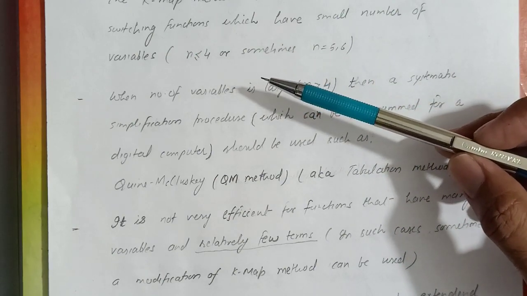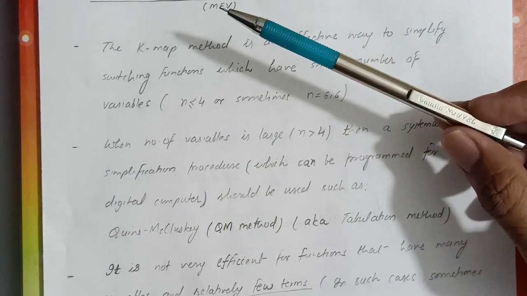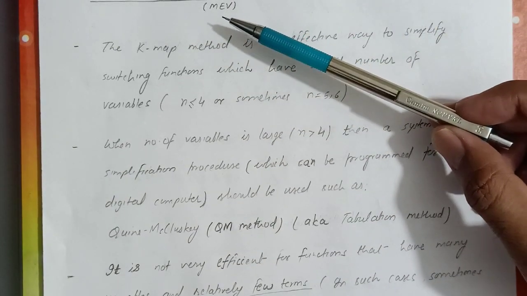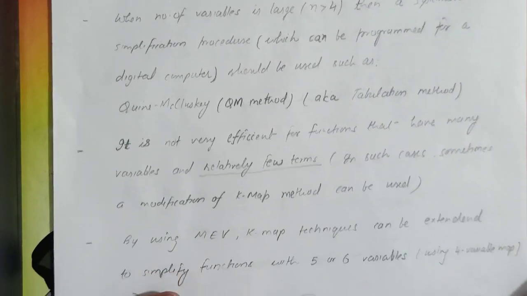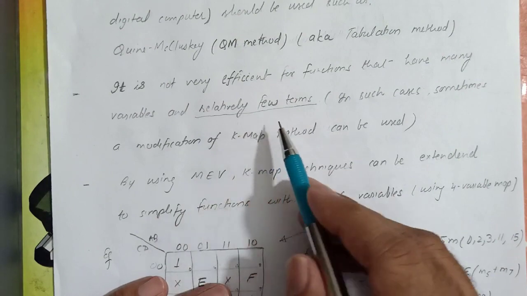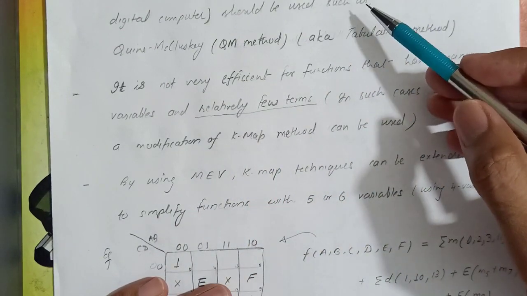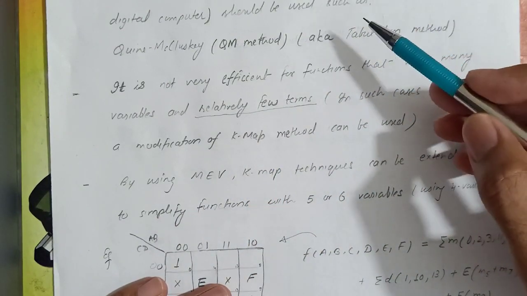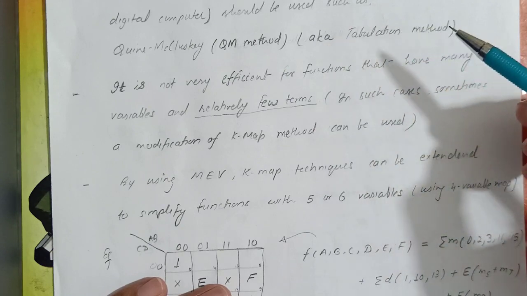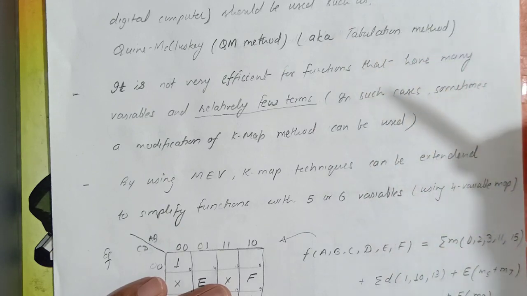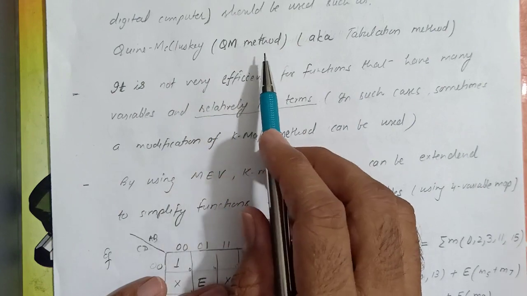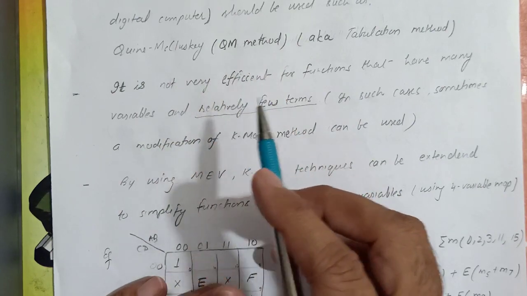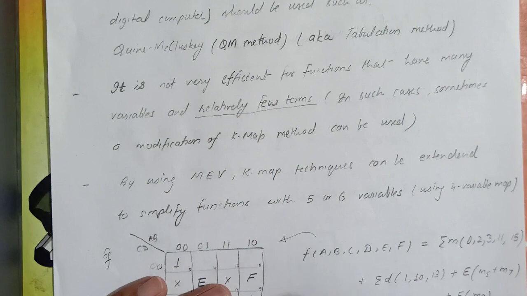Okay, so today we are discussing this important method, which is the MEV method. It has been observed that many times the QM method is not suitable when the number of variables is greater than or equal to 5.